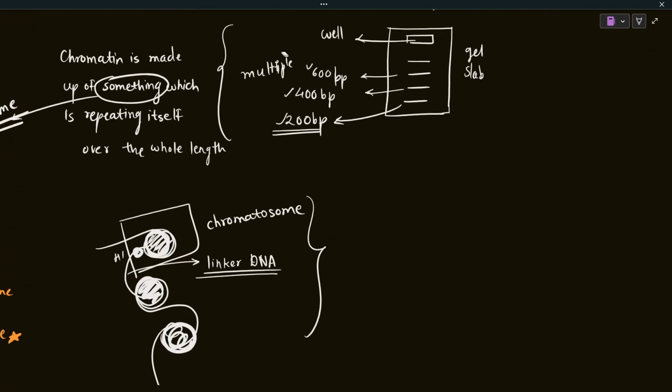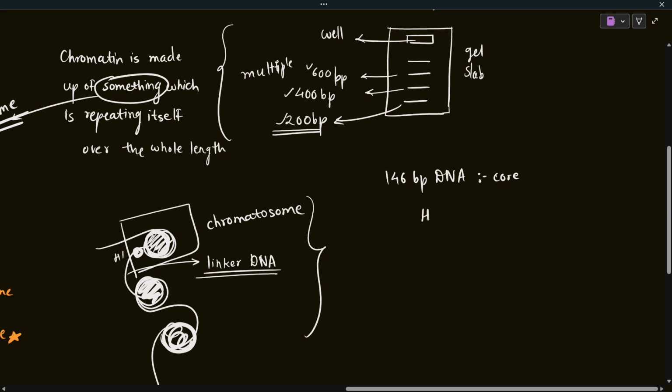So 146 base pairs of DNA wraps around itself on the histone core, right? So when the H1 linker histone comes, not linker DNA, H1 linker histone comes, it wraps around at least 20 base pairs more.